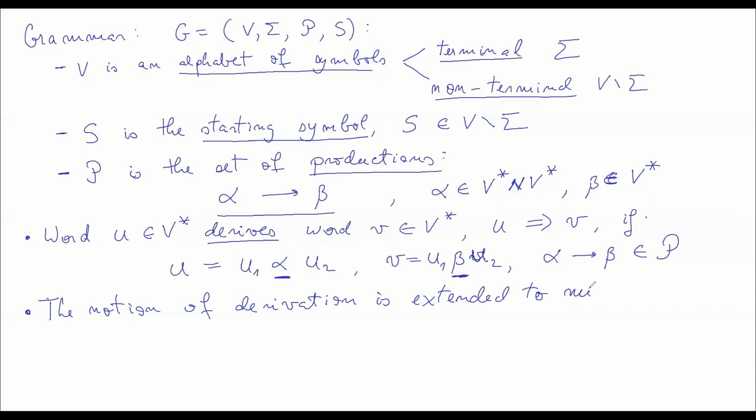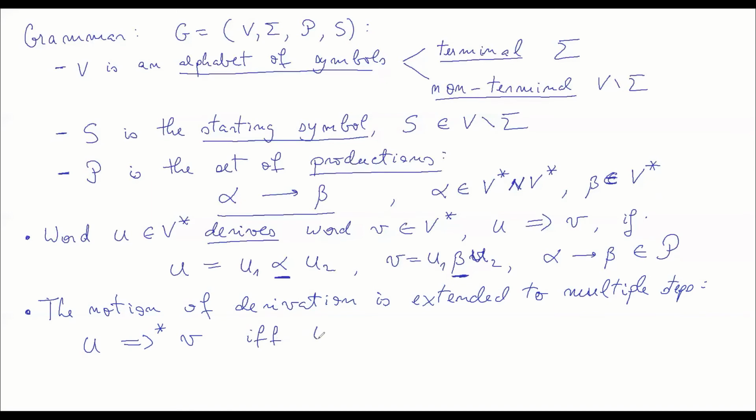So not just as a result of a single rewriting, a single production, and we will say something like this. In this case, we will denote it U derives V, and we put a star in here because it can be as a result of many steps.